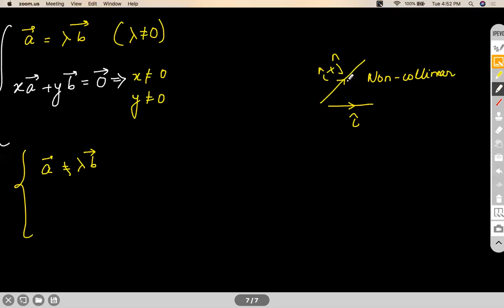I'm just taking an example of two vectors which you know are non-collinear, not parallel. Now try to express i + j as lambda times i. See what will happen. Since there is no j, let me write 0j. If you bring it to one side, it will become something like this.